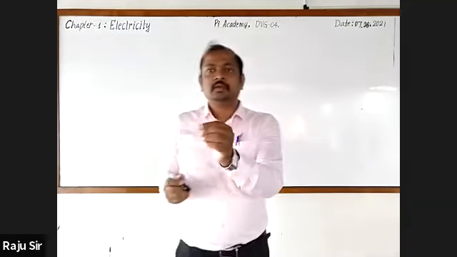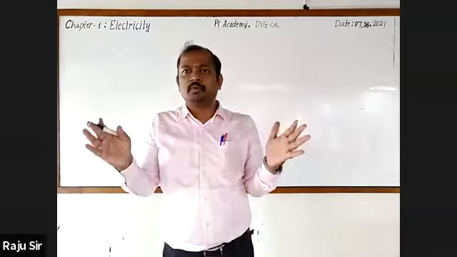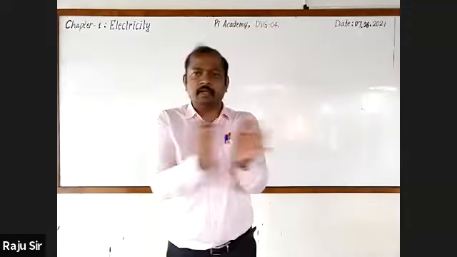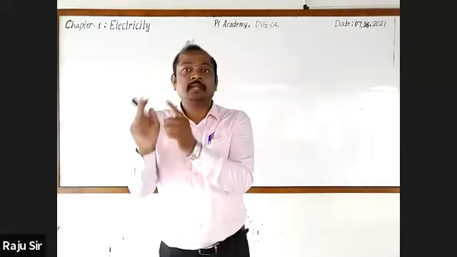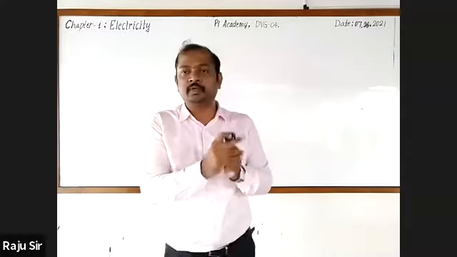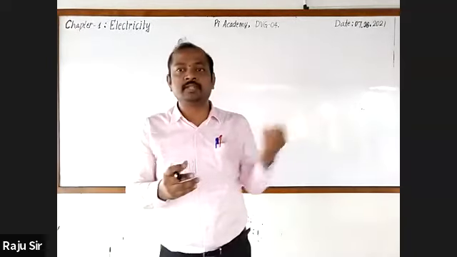We know that everybody can do the work. If one work is given, everybody can do that. But the time taken by the person is different from one to one to do the same work.